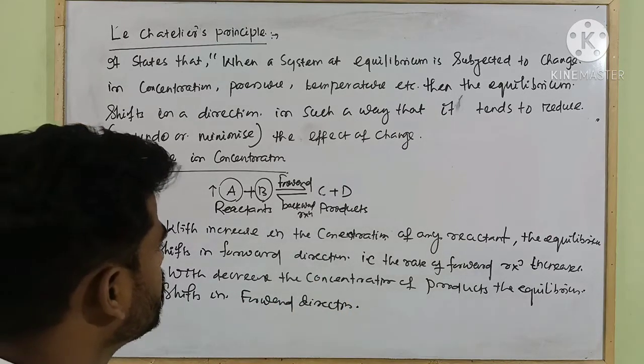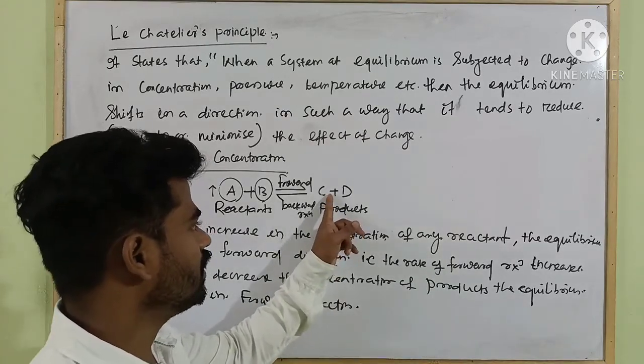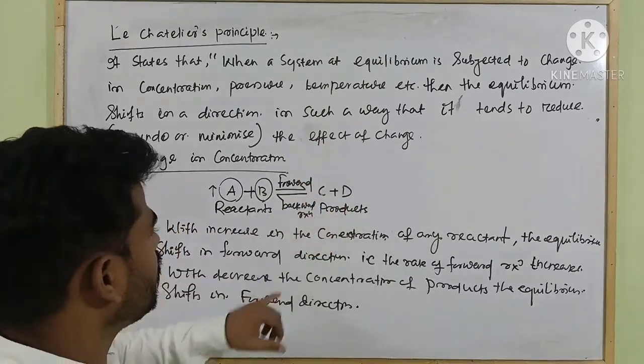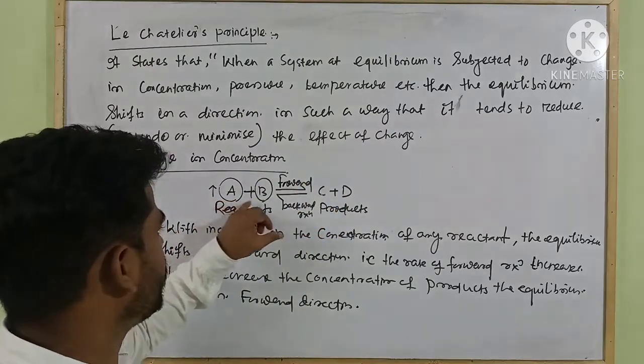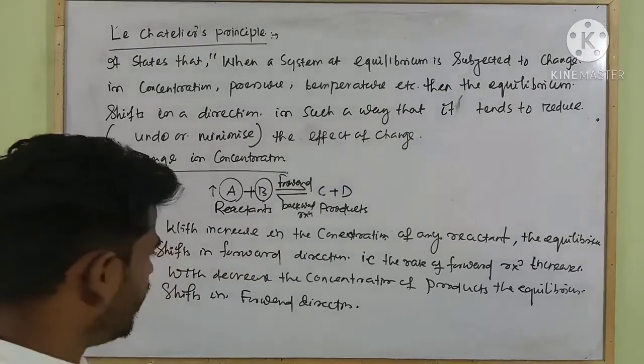Okay, and it's vice versa. Vice versa means, if you increase the concentration of products, then definitely to minimize that increase, the reaction will proceed in the backward direction, so that the increase in product can be converted into reactant, and the equilibrium remains unaffected. Is that clear?